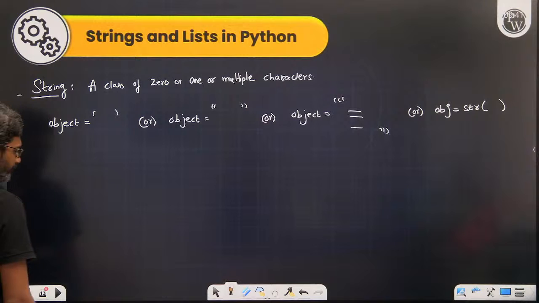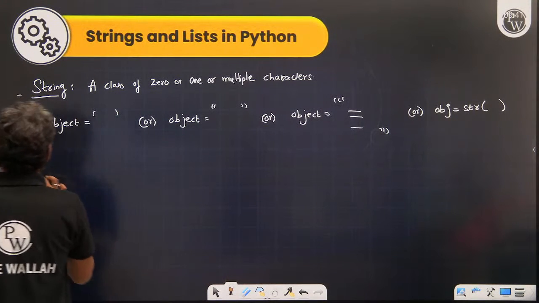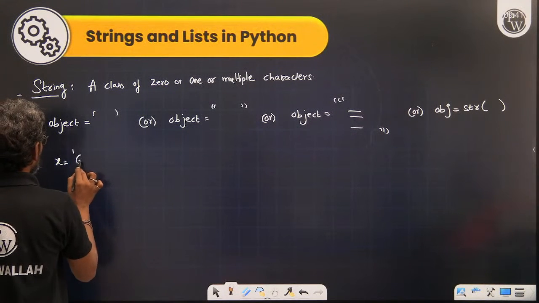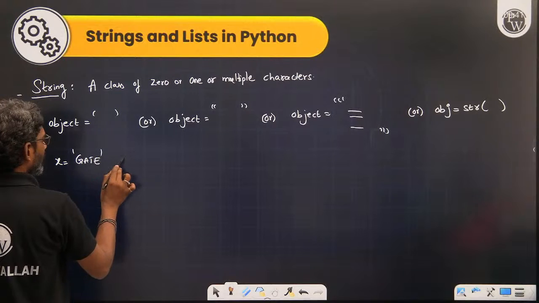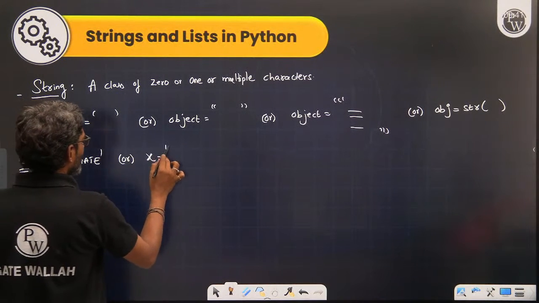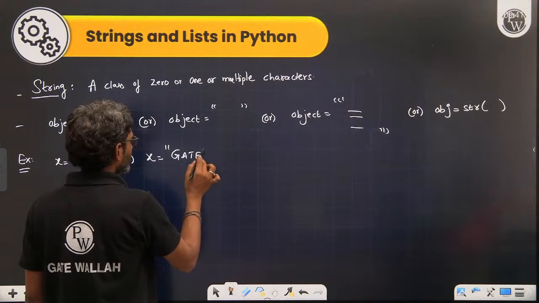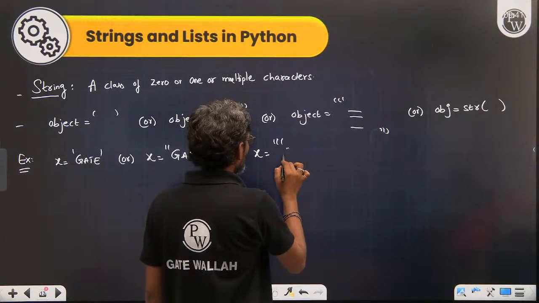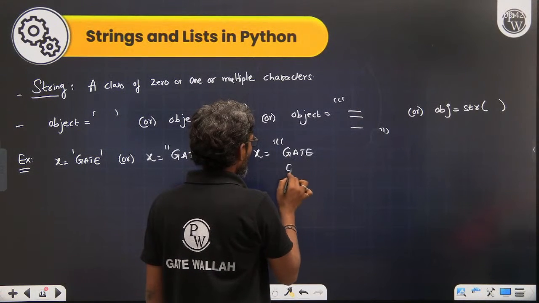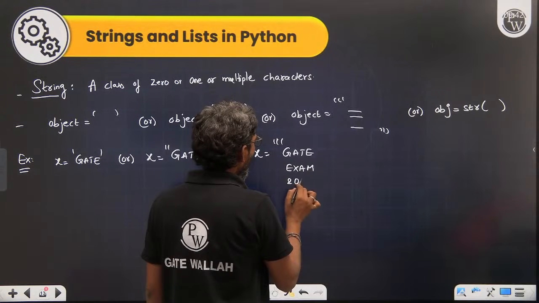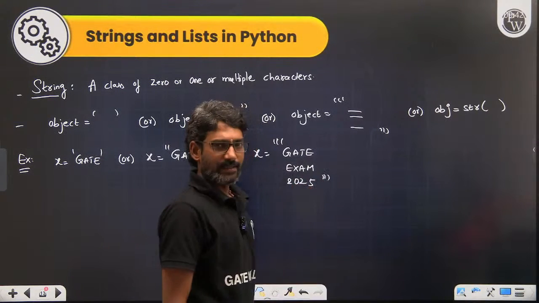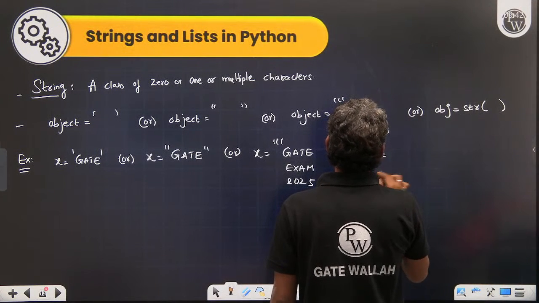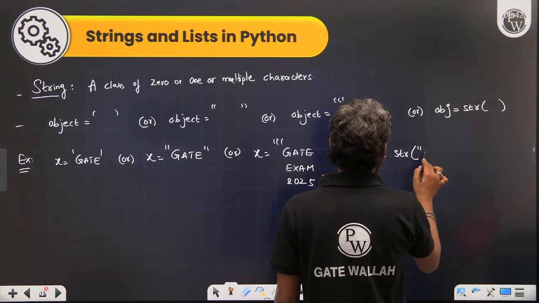For example, I can say x is equal to 'gate' or x is equal to "gate" or x is equal to '''gate exam 2025''' or x is equal to str of gate.